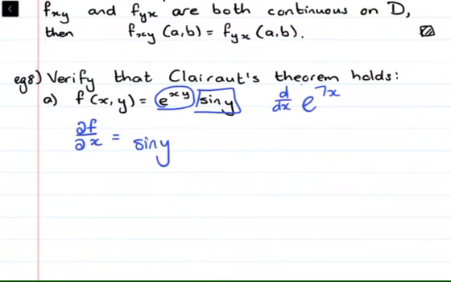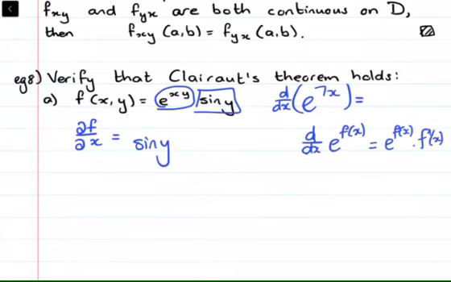So it's like you're finding the derivative of e to the power of 7x. Right. And then what is the derivative of e to the power of 7x? Remember that it is like finding d/dx of e to the power of f of x, which is e to the f of x times f prime of x. So then it would be e to the 7x times 7. Okay. In this case, sine y is our first constant.